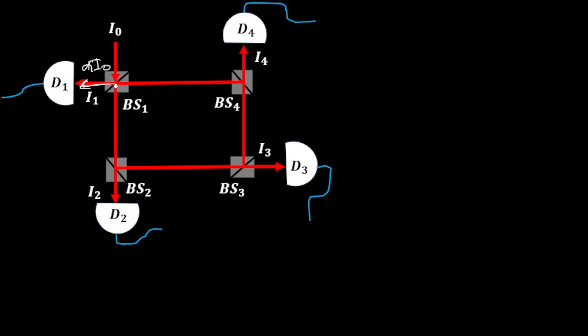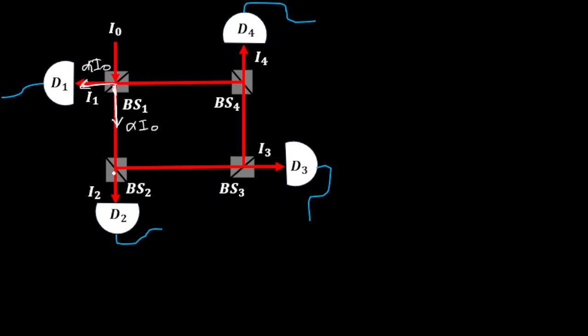The remaining alpha times I naught transmitted light will go in this direction. Now this light will reach the second beam splitter. So for the second beam splitter, the intensity of the incident light will be alpha times I naught.